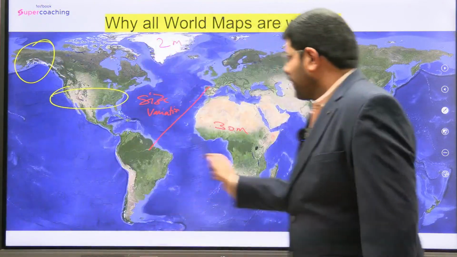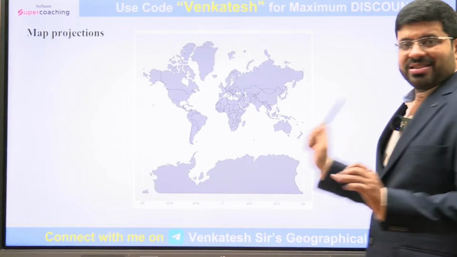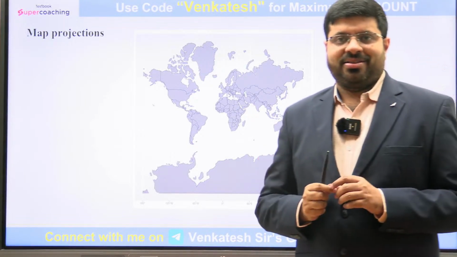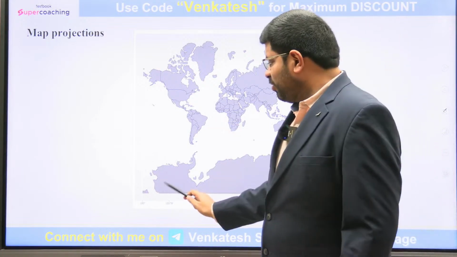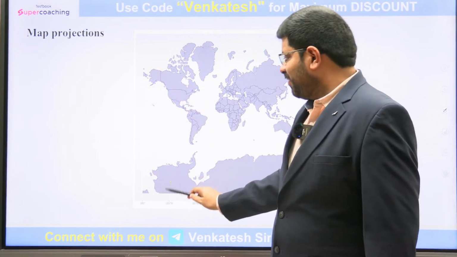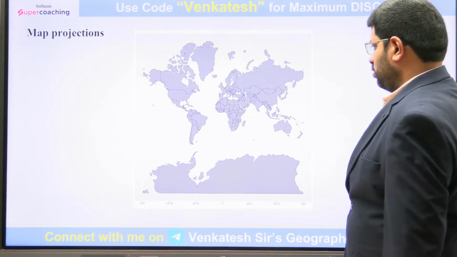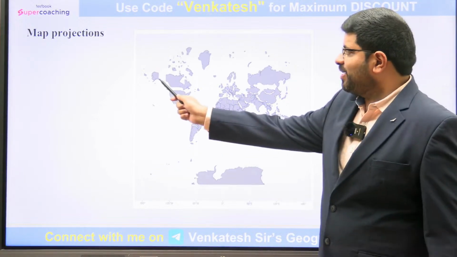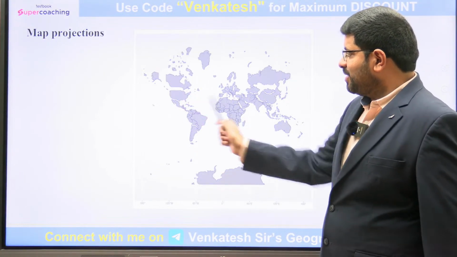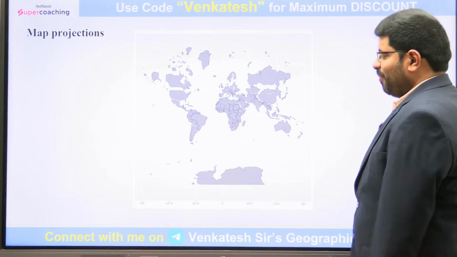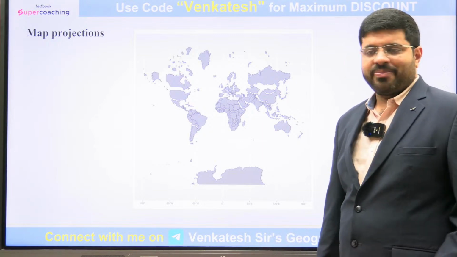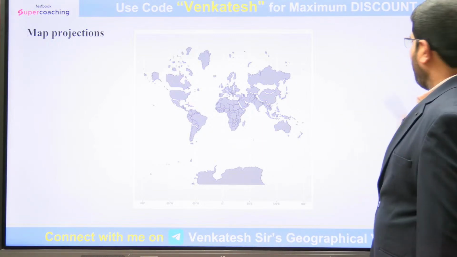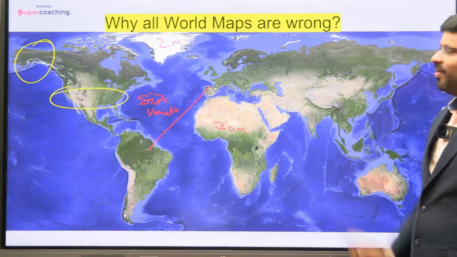But when you go by the actual sizes, by the true size, as I have shown you in the website, look at this. Look at Alaska now, how it is varying. Look at Alaska, very, very small, right? This is the actual projection. By the way, look at Russia, look at Europe, how small it is. But look at the world map, how big Europe looks, right?